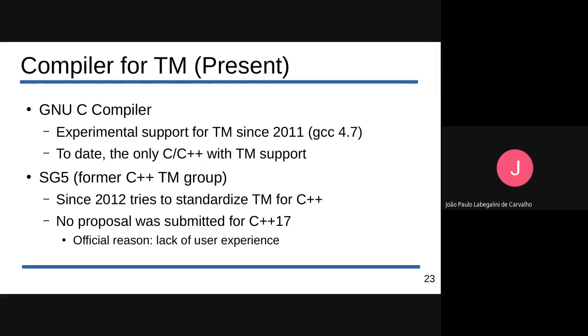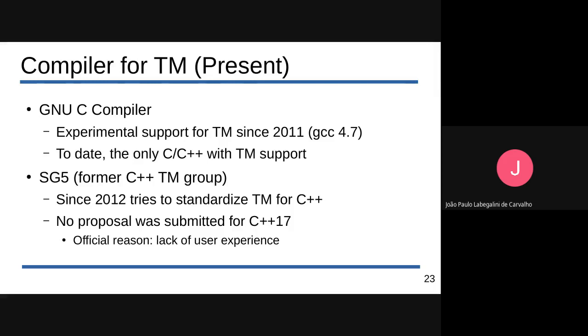Compiler support for TM today is mainly available through the GNU C compiler, and it has been available since 2011. However, it's the only implementation that supports transactional memory in the compiler for C and C++. The SG5 group, which is a C++ group focused on TM, has tried to standardize TM for C++ since 2012.